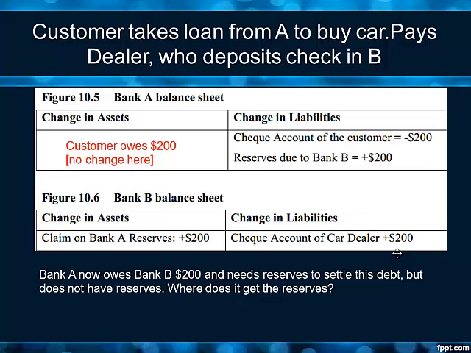So it got an increase of $200 because the check was deposited in the checking account of the dealer, and so the dealer's checking account value went up by $200. Now the dealer can write a check on his own account. So that's a liability of this bank, right? Clear?